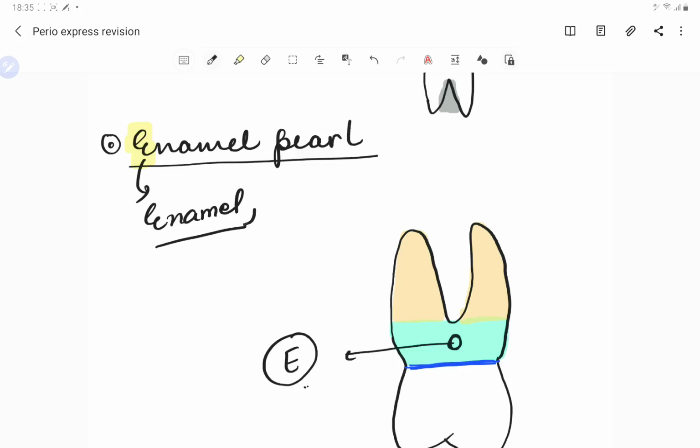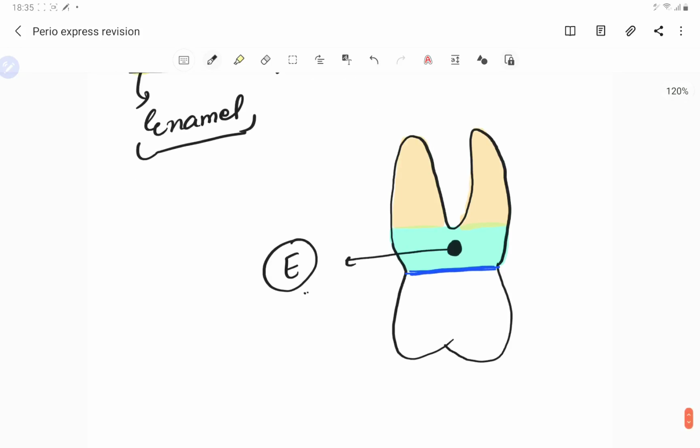So this is basically a pearl present on the enamel, made up of enamel which is beyond the cemento-enamel junction. If you find enamel in a rounded, pearl-like fashion beyond the cemento-enamel junction, we call it the enamel pearl, which is usually seen in the maxillary second and third molar.